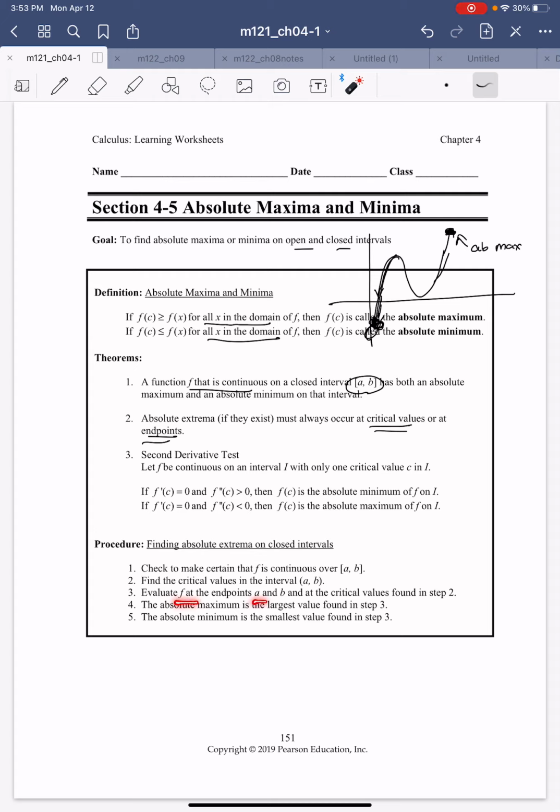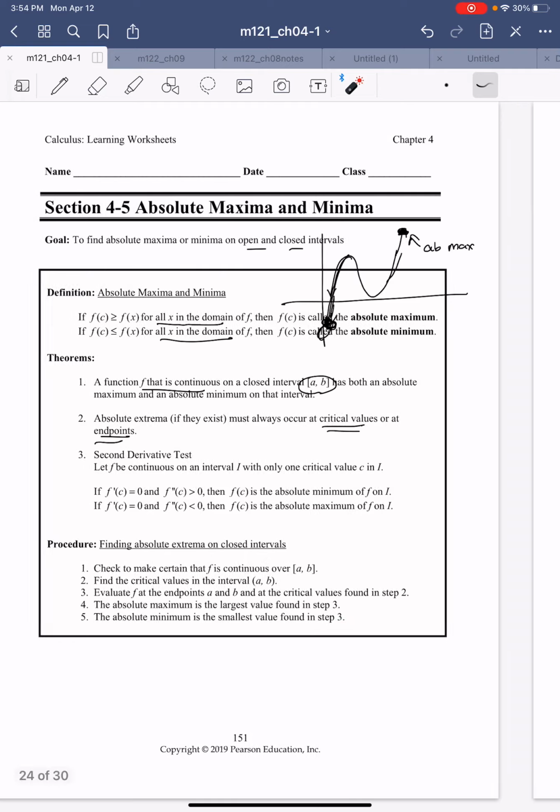Step 3, evaluate f at the end points. Here, we are adding one more step of checking the end point because the extrema can occur there. And then number 4, the absolute maximum is the largest value found in step 3. The absolute minimum is the smallest value found in step 3.